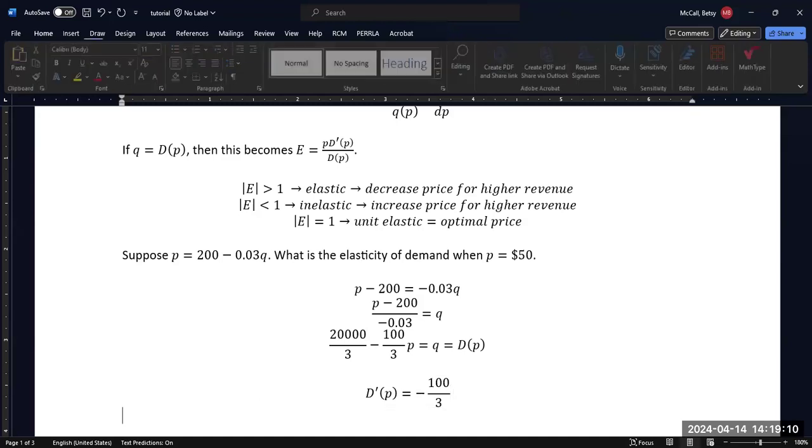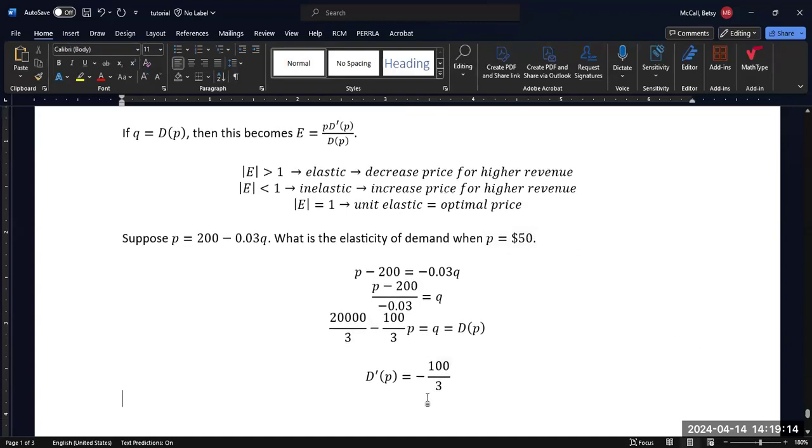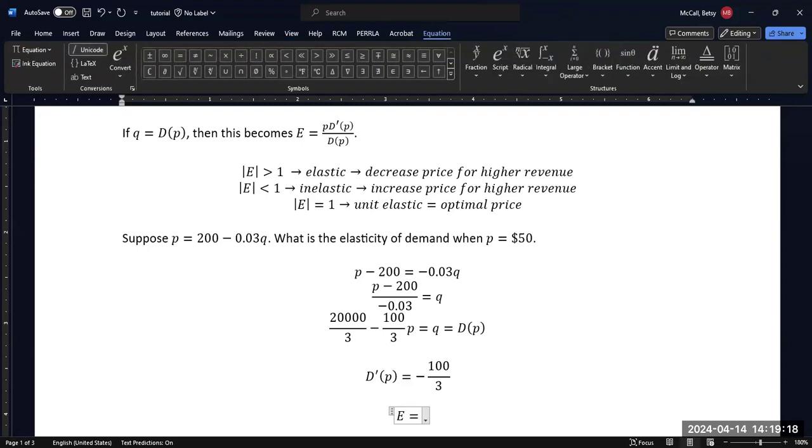And then I'm going to put that into my equation, and I'm going to plug in P is equal to 50. So my elasticity is going to be 50 times my derivative divided by my demand with 50 plugged in. So 20,000 over 3 minus 100 over 3 times 50.